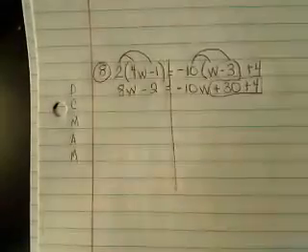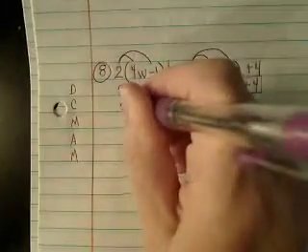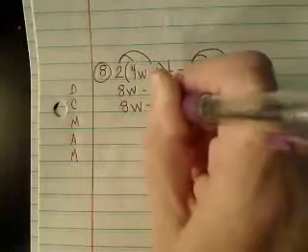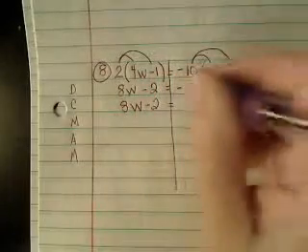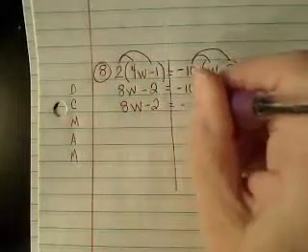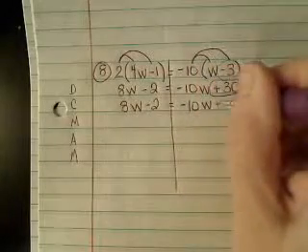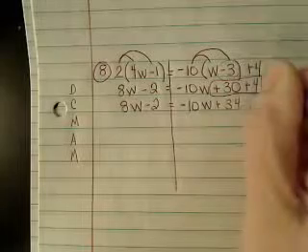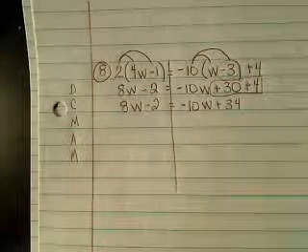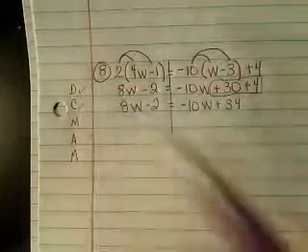So I'm just going to bring down what I cannot combine. It always helps, guys, if you keep everything lined up and nice and neat. Don't forget to bring down the negative sign. And then that's plus 34. So we just did distributive and combining like terms.